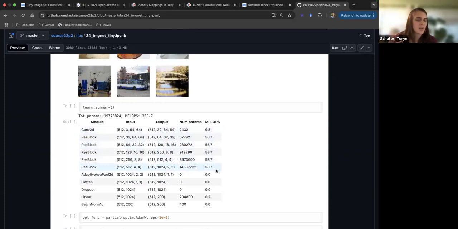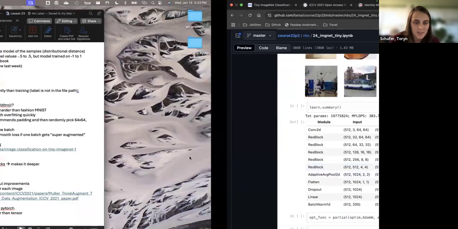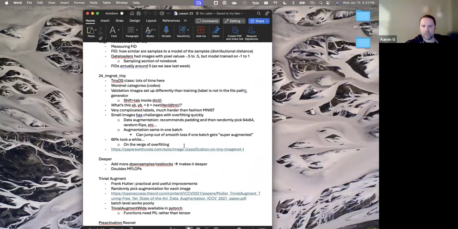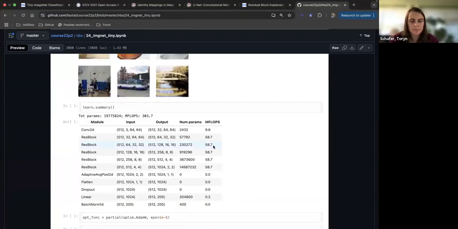I think he said that's a good thing, but I don't really remember why. I vaguely remember the M flops. Is that floating point operations? Yes. Essentially we have the same number of operations, just in different shapes. Got it.